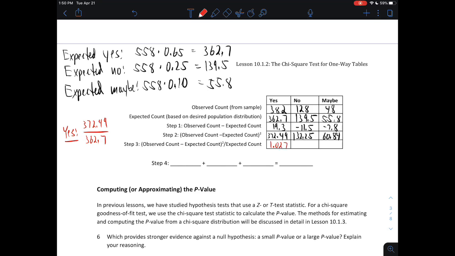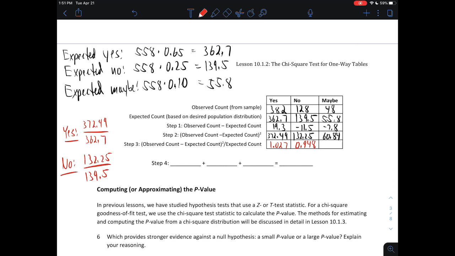So then for the no's, I take 132.25. That was the step 2 answer for the no's. And then I have to divide by the expected count, which was 139.5. So 132.25 divided by 139.5. And rounding to 3 decimal places, that gives us 0.948.